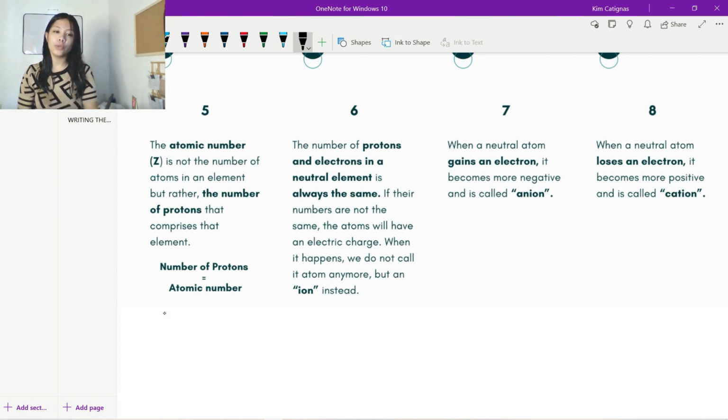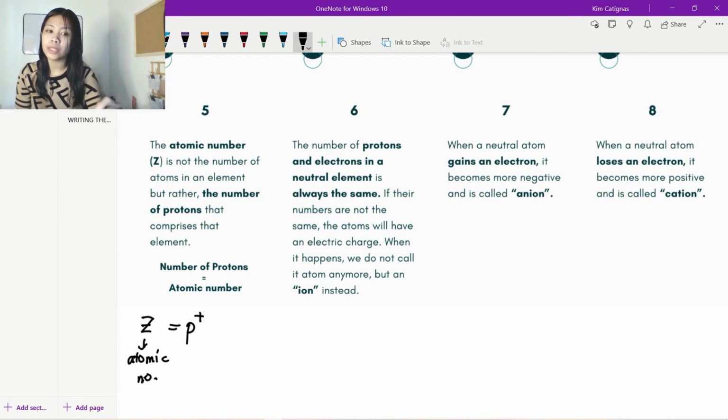So, what do we mean by that? Ibig sabihin, itong atomic number which is represented by letter Z, equal pala siya sa number ng protons. Okay? Na present doon sa loob ng atom na yon. Okay? Ibig sabihin, kapag nagbago yung number ng protons, magbabago yung atomic number. Hindi pwede yun. Pag nagbago yung atomic number, magiging ibang element na siya.